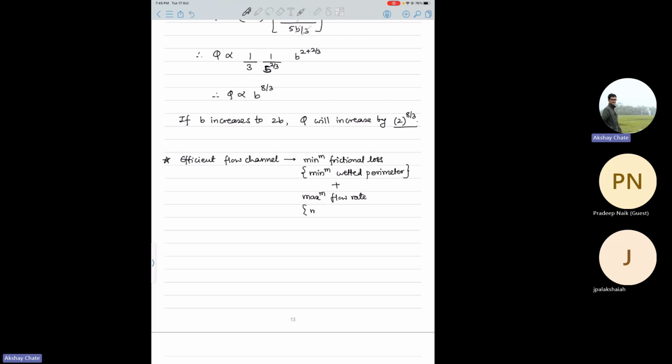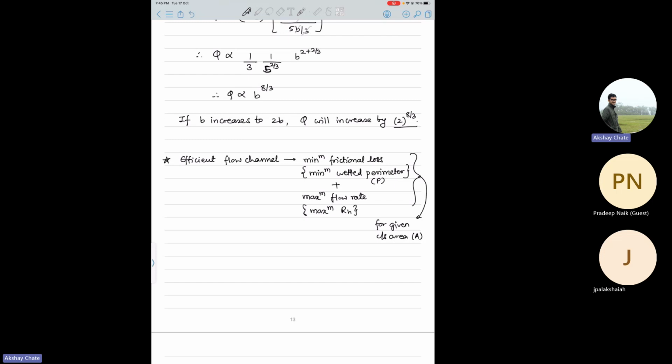That means you should have maximum hydraulic radius, for a given cross-sectional area. So you keep the area constant and try to maximize the R_H value and minimize the wetted perimeter value. Typically we use the symbol P for wetted perimeter. So this is the definition of an efficient flow channel.